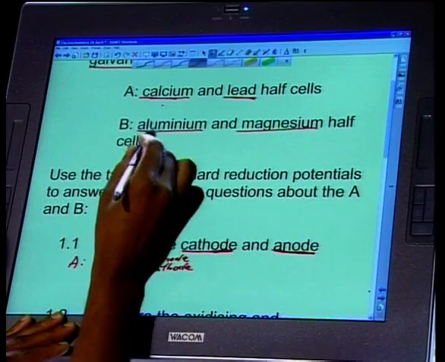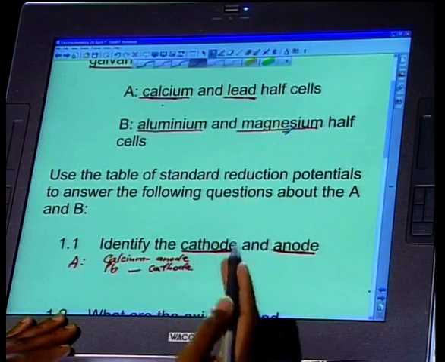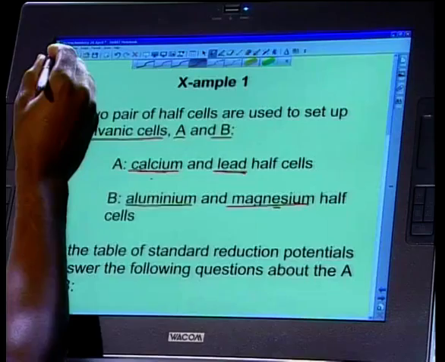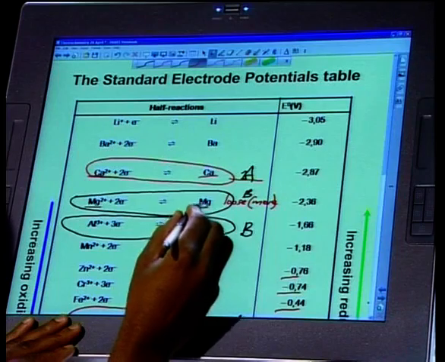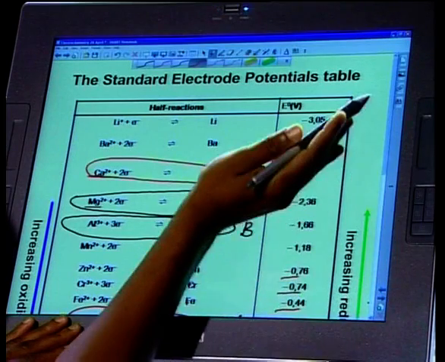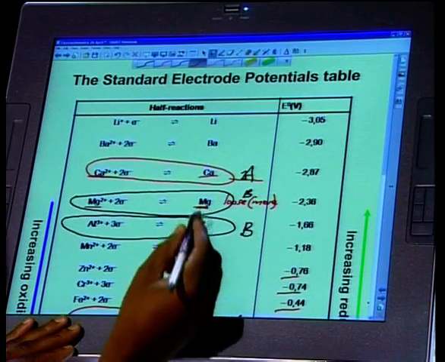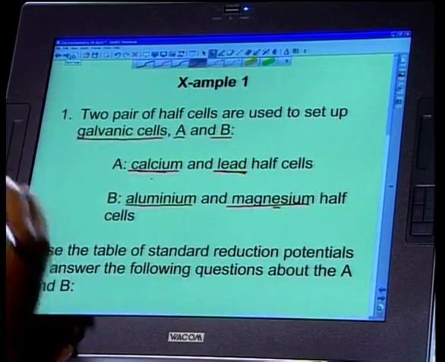On the other side, we've got aluminium and magnesium. Magnesium is more able to reduce. Why? Because look at magnesium there, increasing reducing ability compared to aluminium there. So magnesium is going to be the one that is going to lose electrons.